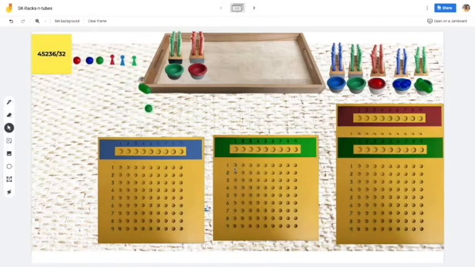One, two, three, four, and 5. 5 thousands into the thousand bowl. Then we need to take 4 10,000s blue colored beads and put it into the 10,000s bowl.